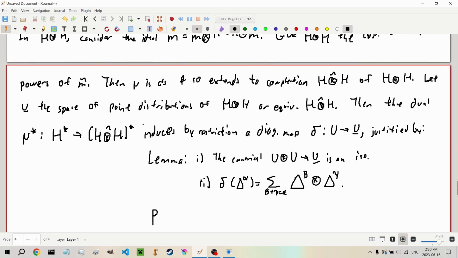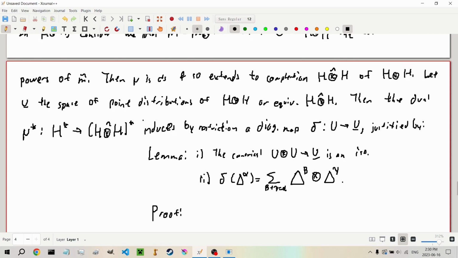Let's look at the proof of this. And we're almost done. So we're going to let yi be xi tensor 1 and zi be 1 tensor xi.